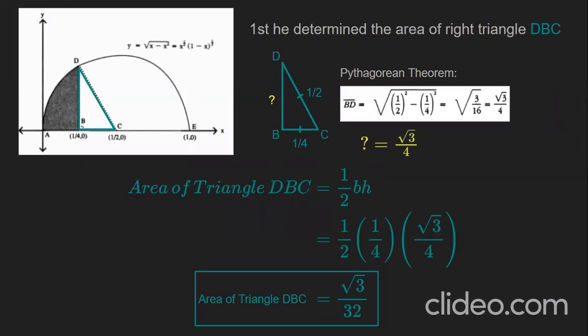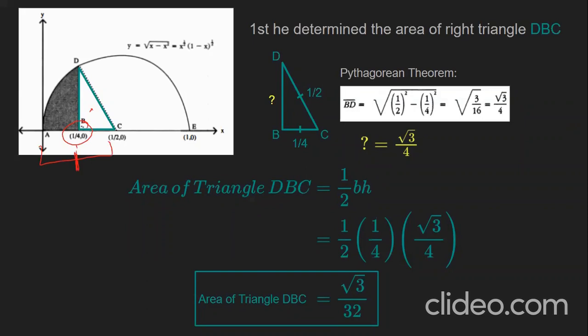So he first found out what the area of just this triangle was with B. It's important to note that B right here is 1/4, and this is 1/2 of this distance, so it just cut it in half.